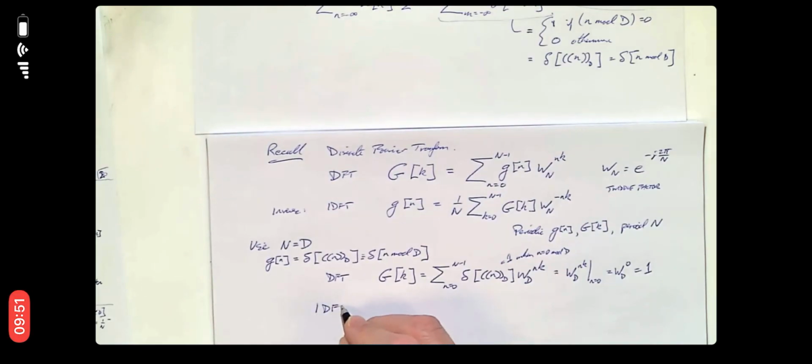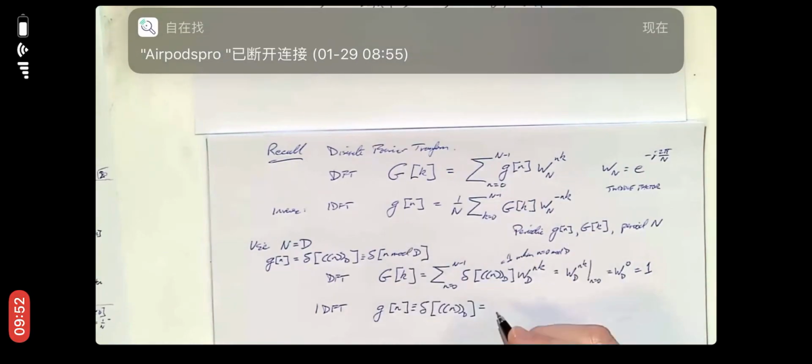So the IDFT, let's look at this from the other side. This is our g of n. So something that's got a Fourier transform of 1, the IDFT, which we had as our delta of n mod d. Let's just write out this IDFT formula.